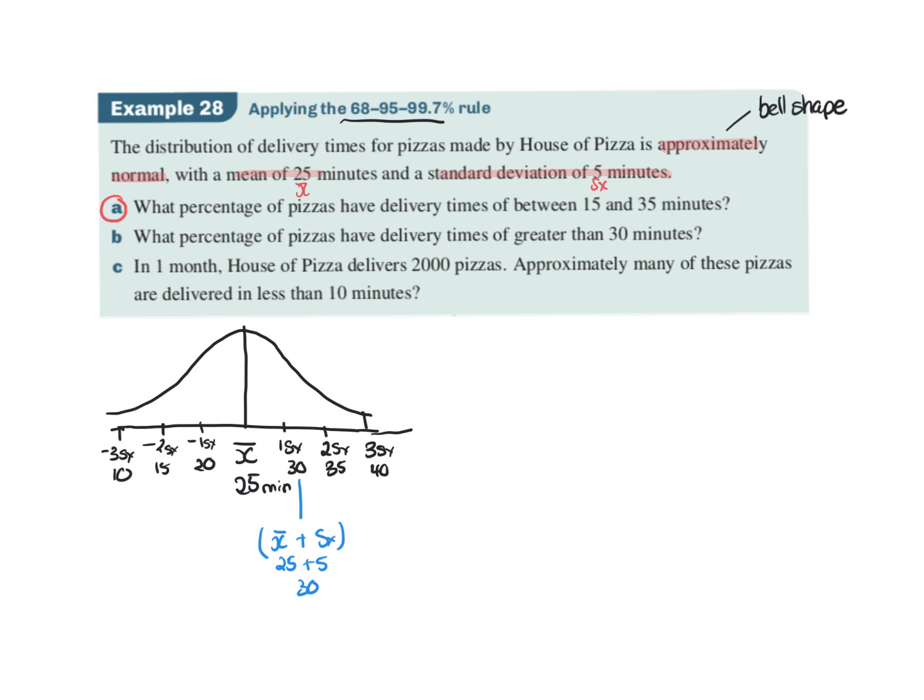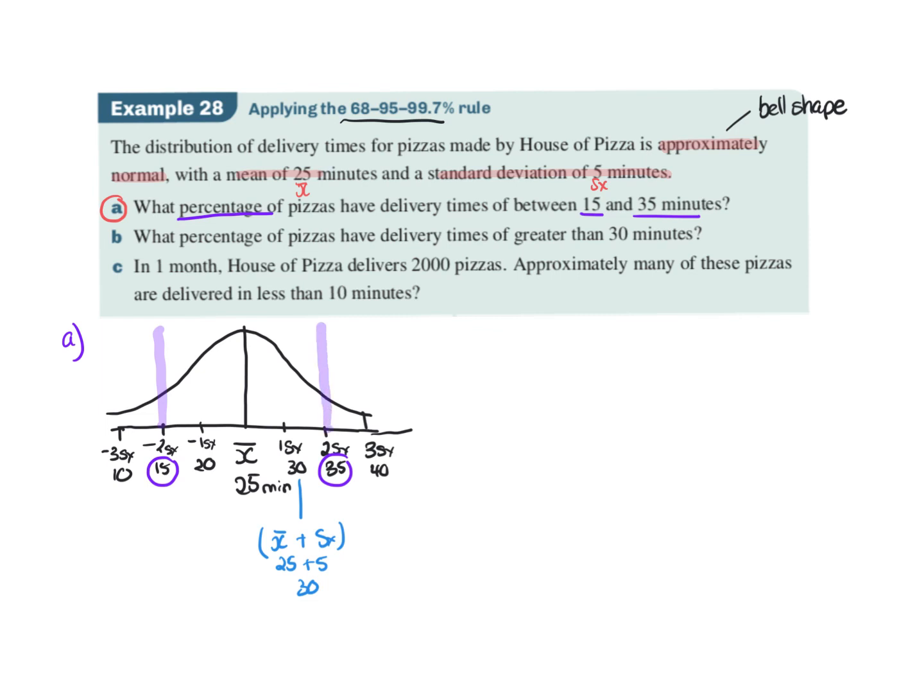So in question A, they're asking us what's the percentage between 15 and 35. If you look, here's 15 and here's 35, and you can see that is lying between the plus and minus 2 standard deviations.